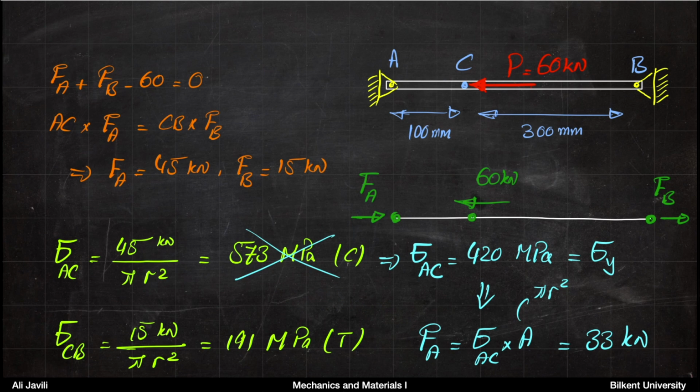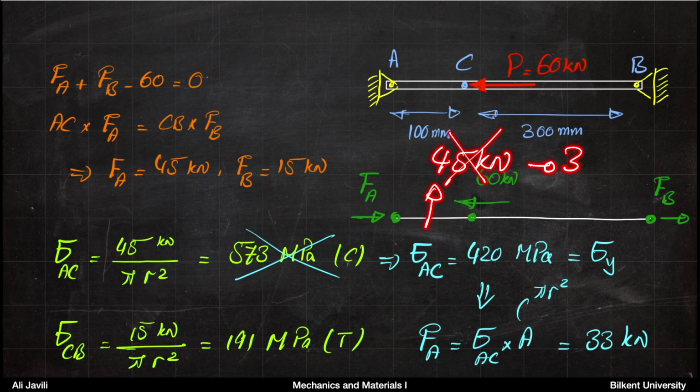And knowing that, we need to come backwards and recalculate the force itself. If we know the stress is 420 megapascal, which is the yield stress, you multiply it by area to calculate the support reaction, and that would be 33 kilonewton. So the force in member AC is not 45 kilonewton.